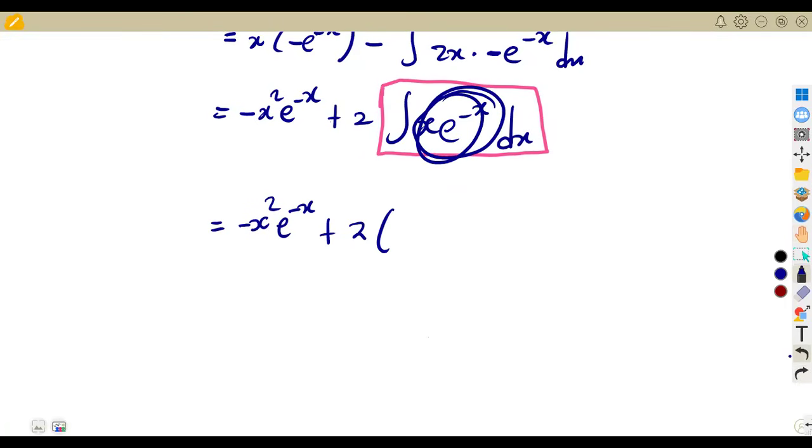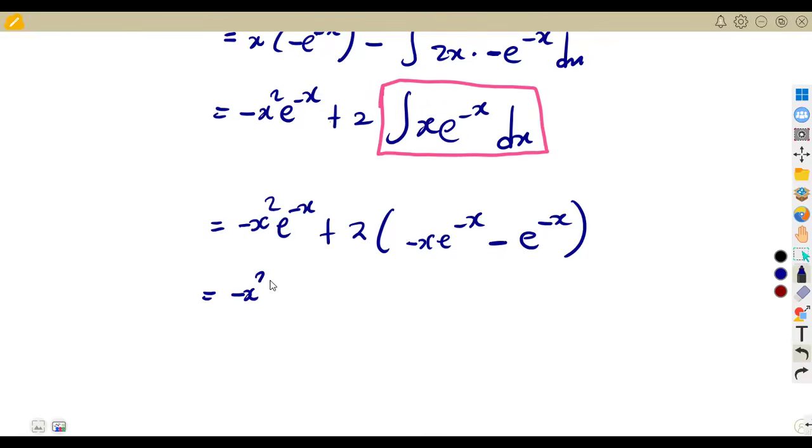That was minus x e to the exponent of minus x minus e to the exponent of minus x, plus the constant of integration. So this will be minus x squared e to the exponent of minus x, 2 times minus x e to the exponent of minus x gives minus 2x e to the exponent of minus x, and 2 times minus e to the exponent of minus x gives minus 2 e to the exponent of minus x.